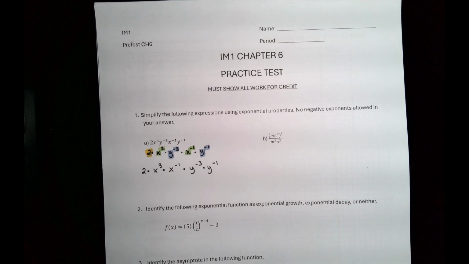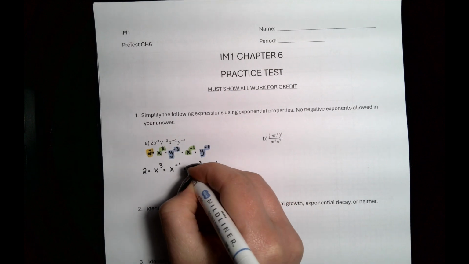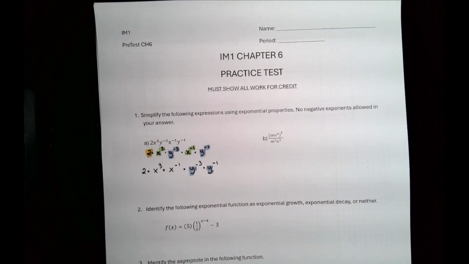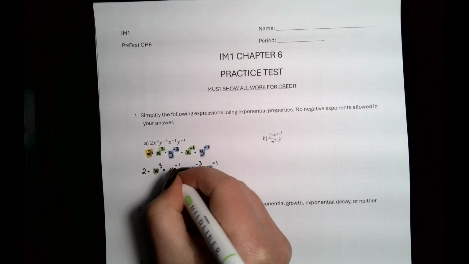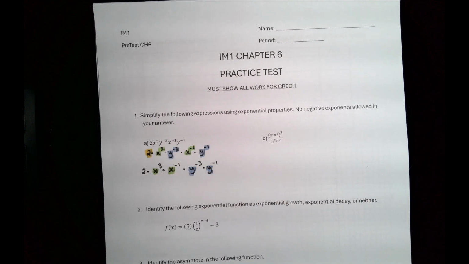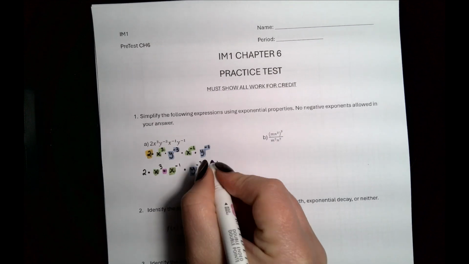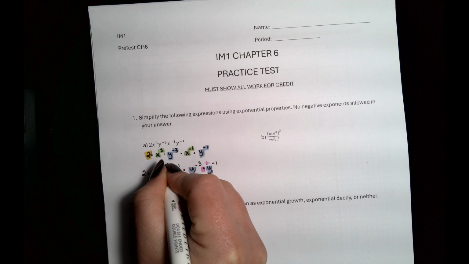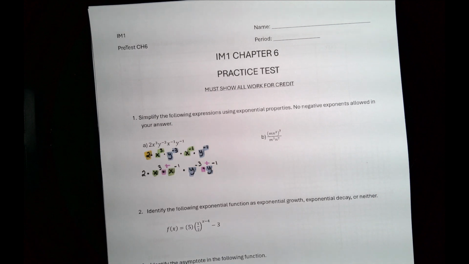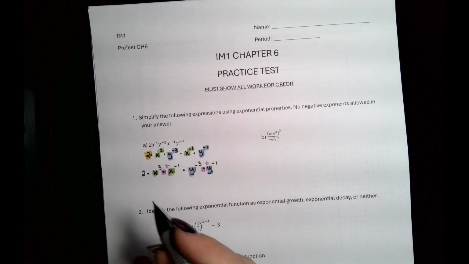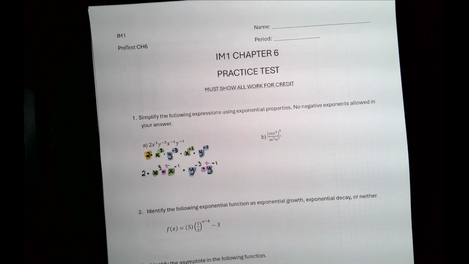When we are combining things that have the same base, like y's and like x's, that means when we are multiplying the same base, notice that we did put in that multiplication symbol, we are going to be adding the exponents together. So 2 stays, we're not doing anything with that 2.